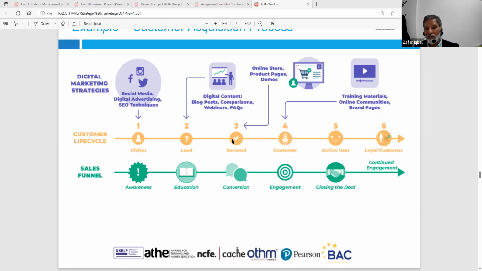The third stage of this marketing technique, or digital marketing strategy, looks at secured online stores, product pages, demos, and so on. The fourth stage is creating a customer, i.e. it turns the online strategy into revenue.